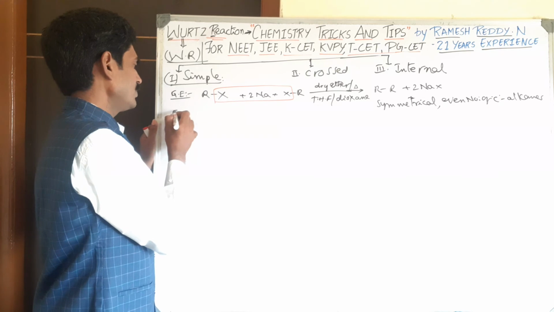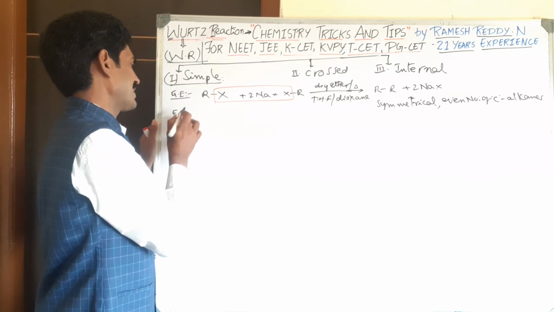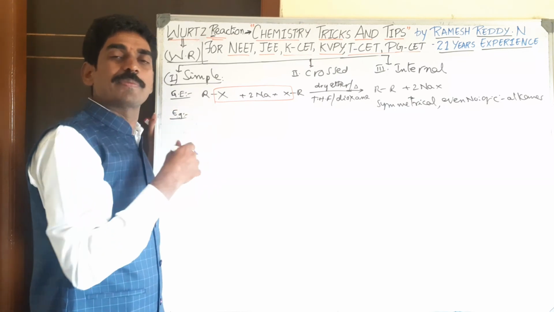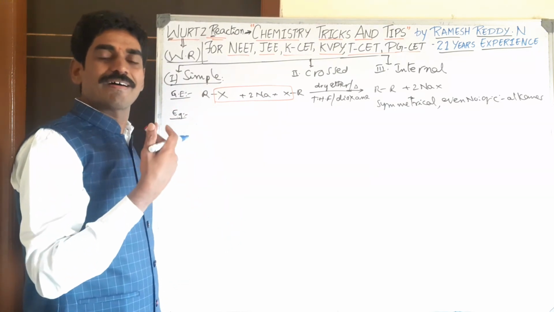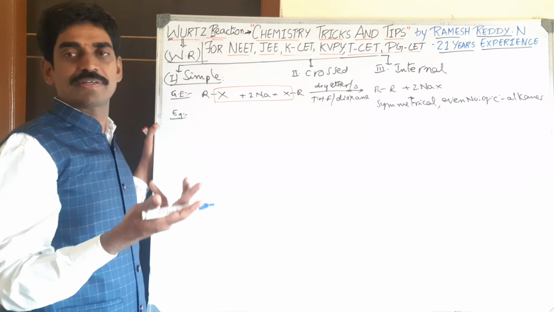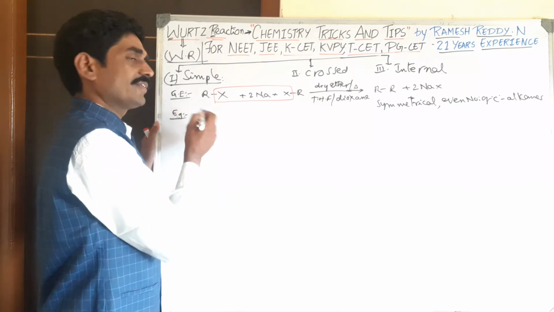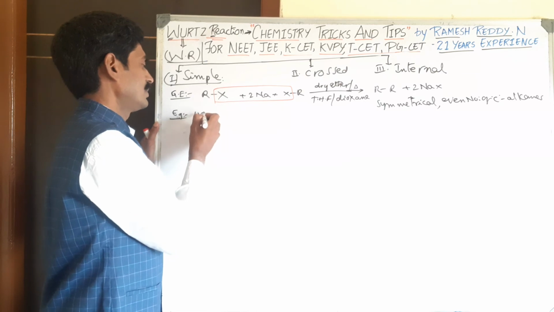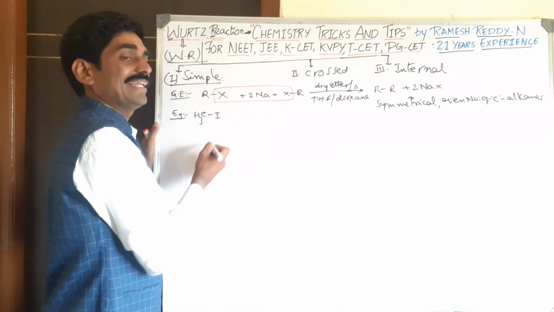By using this, we can prepare different examples. In place of the alkyl group, we may take a methyl group, ethyl group, n-propyl, isopropyl or butyl, anyone. You will get different examples. First of all, take one carbon, that is CH3 I, methyl iodide.